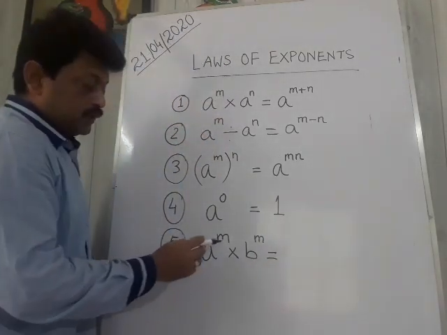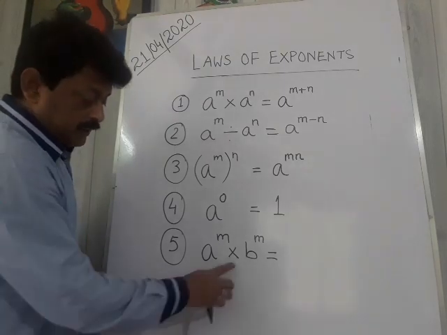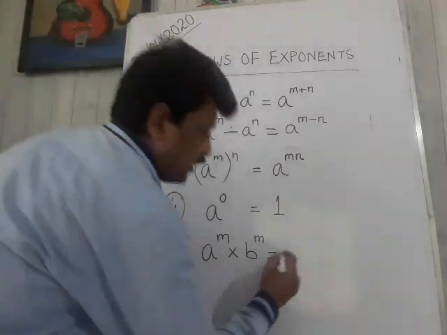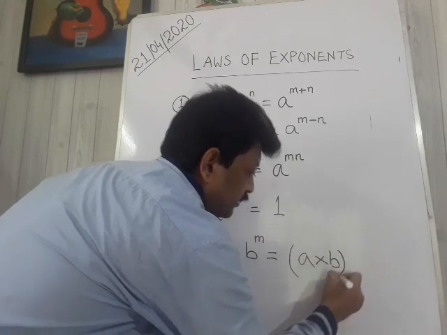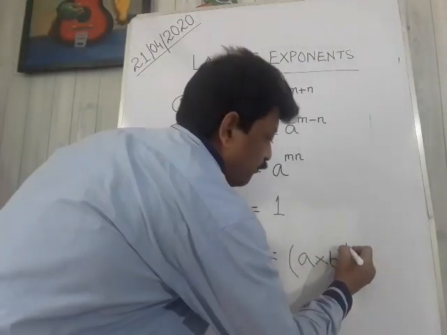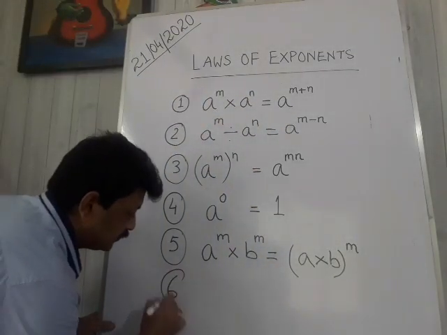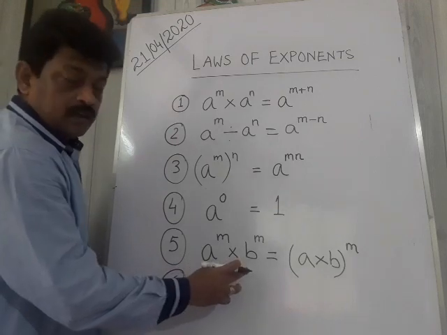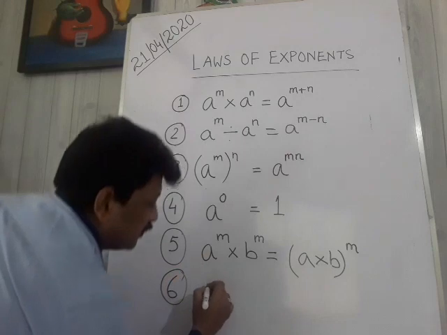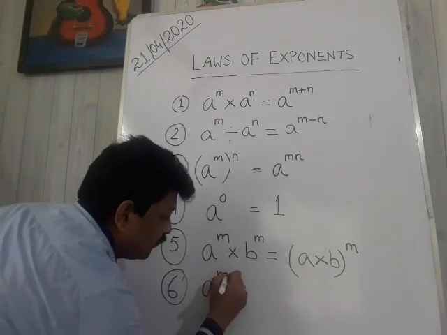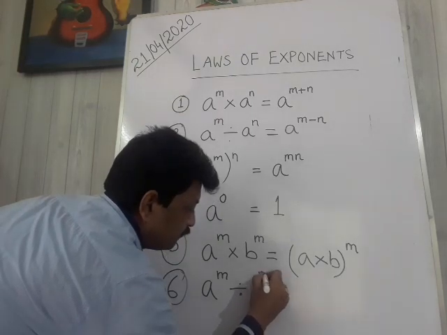So here both the exponents, the powers, are the same, but the bases are different and the numbers are being multiplied. So in that case, it will be a multiplied by b inside the bracket and the power will be m. Number 6, the same thing is here, but in place of multiplication, it is division. That is a to the power m divided by b to the power m.